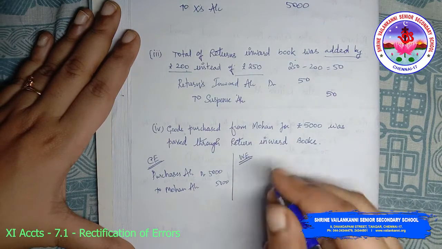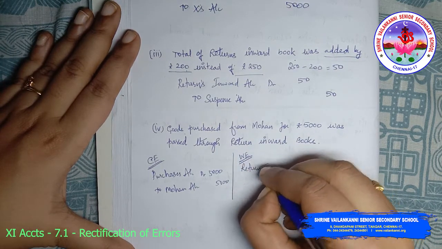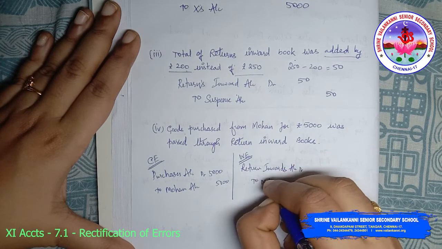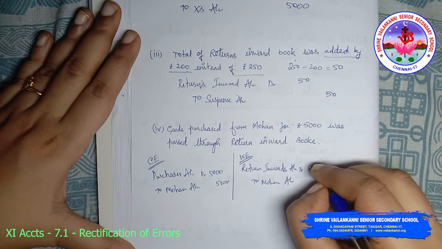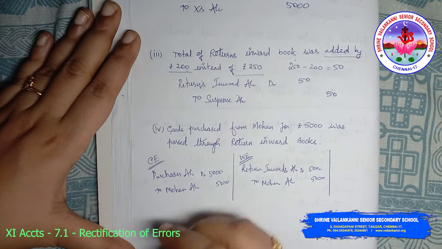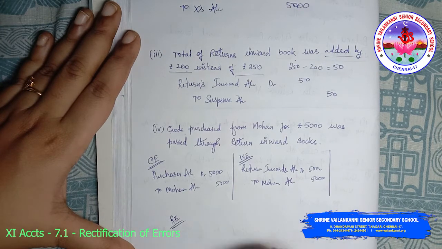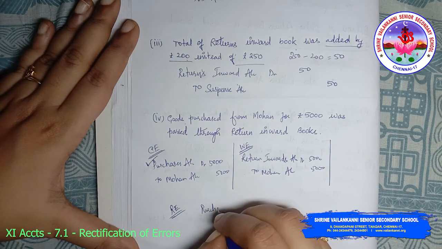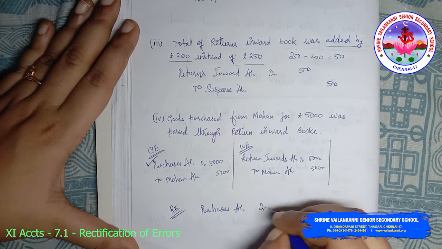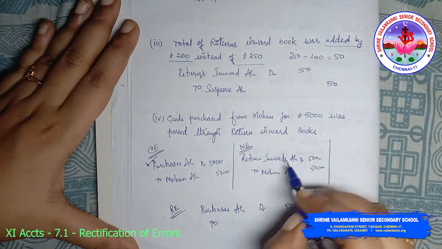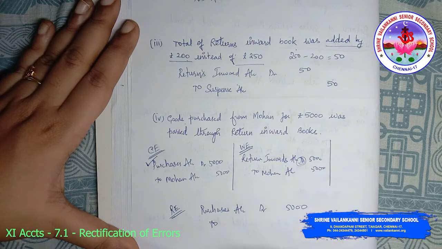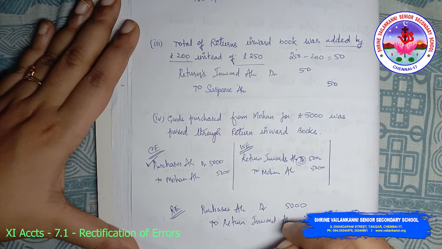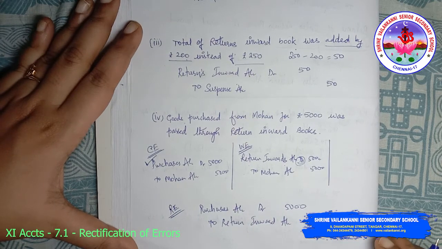They have passed it to the return inward books. So return inwards account debit to Mohan. This is what they have done. Now what is the rectified entry? Rectified entry will be: correct debit, purchases account debit 5,000, to wrong debit, return inward, which needs to be cancelled, so credited. I hope that this is clear.